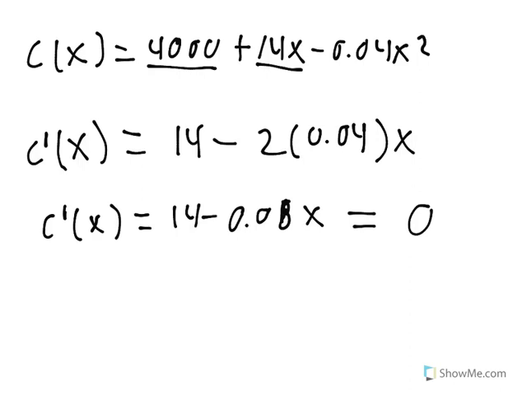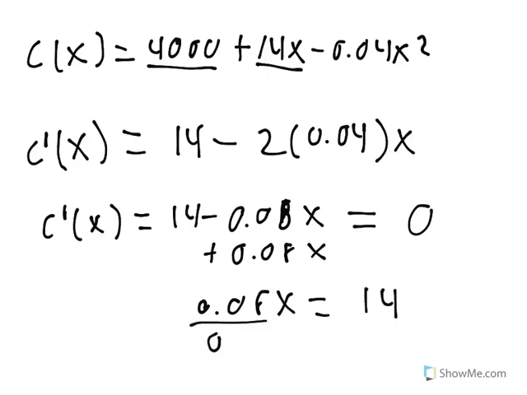So to solve for x, you can just add 0.08x to both sides. So you get 0.08x equal to 14. Divide both sides by 0.08 because you want to get x by itself. And then you get x equals 175.